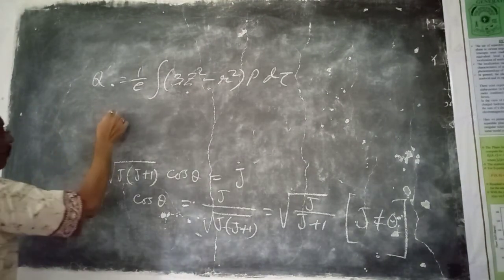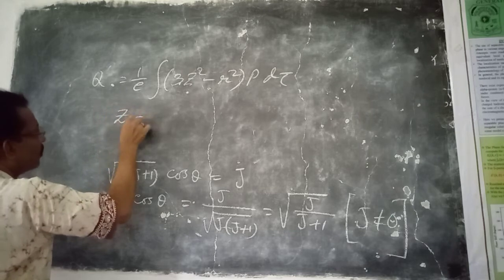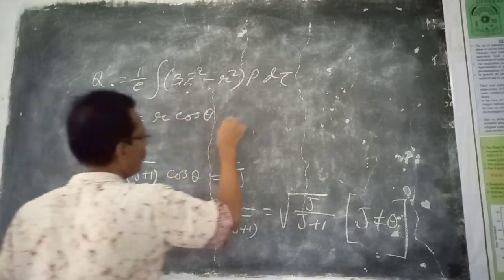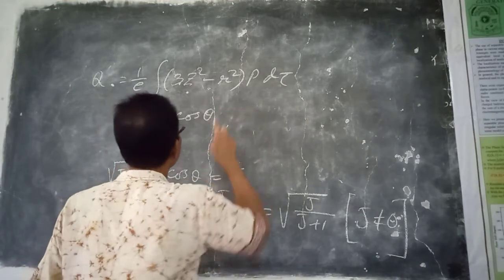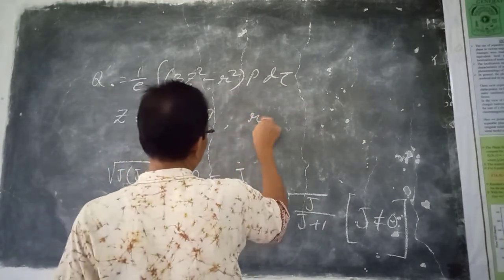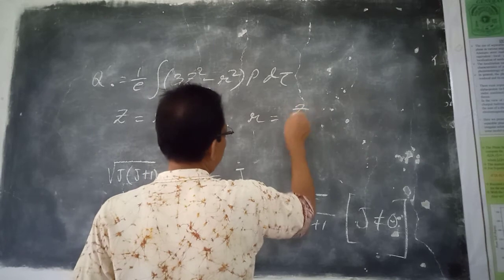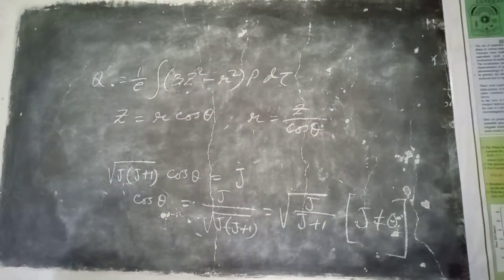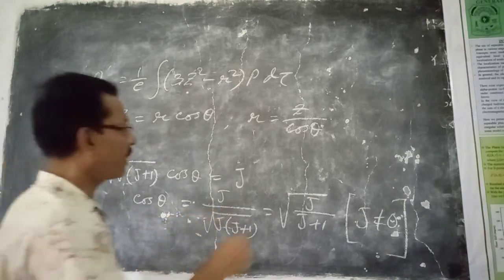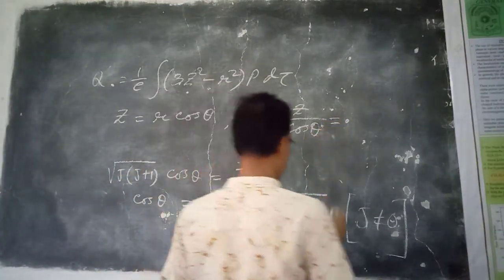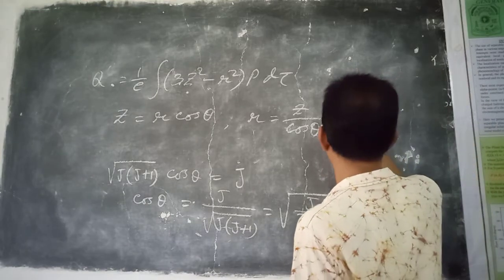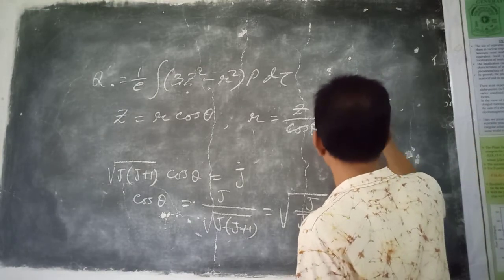What is z? Here z is equal to r cos theta. Therefore we get, say, r is equal to z by cos theta. Now cos theta here is this one, so you get z.